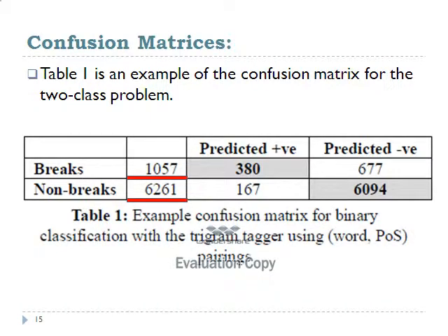Table 1 is an example of a confusion matrix for the 2-class problem using binary classification where part of speech pairs. The shaded area in the table constitutes the correct predictions, true positives and true negatives, retrieved during testing for our trigram tagger.